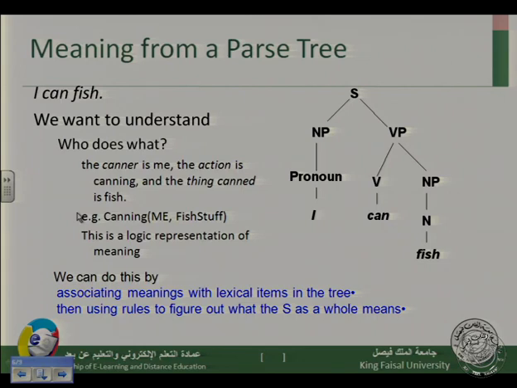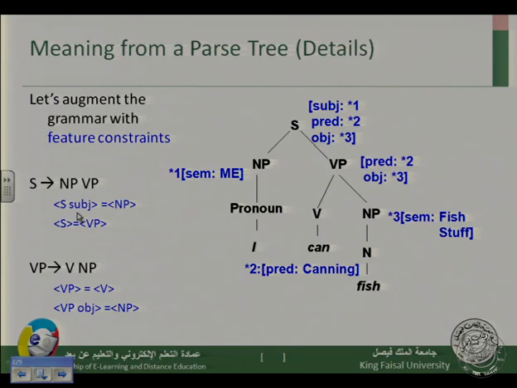So what we can do, as I said, is associate the meaning with the tree so the computer understands what we want to say or what we want to get. Here we added to the sentence meaning: I am doing the canning, and here we say this is the object.